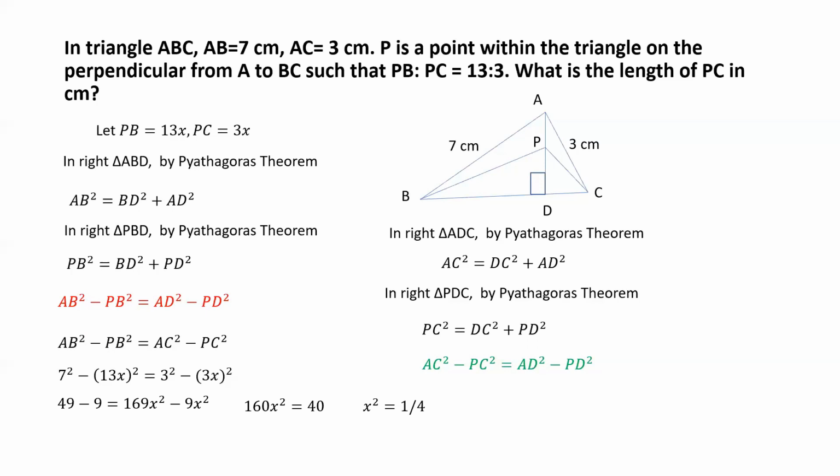And since x is the length of the side or proportional to the length of the side, we don't need to consider the negative root here. We only consider the positive square root. So we have x is equal to half. And from this, we have PC, which is equal to 3x. That becomes equal to 3 by 2 or 1.5 centimeters.